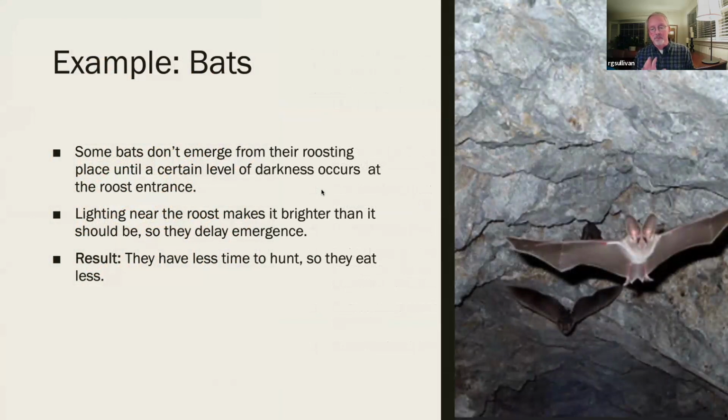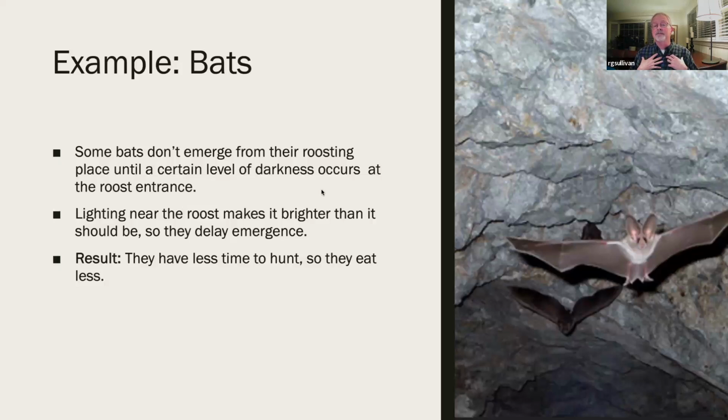So, some concrete examples. Some species of bats don't emerge from their roosting place until a certain level of darkness occurs at the entrance to the roost. So if you have a bat box or you have bats in your attic, they aren't going to come out to go hunt until it gets to a certain level of darkness that is programmed into them genetically.